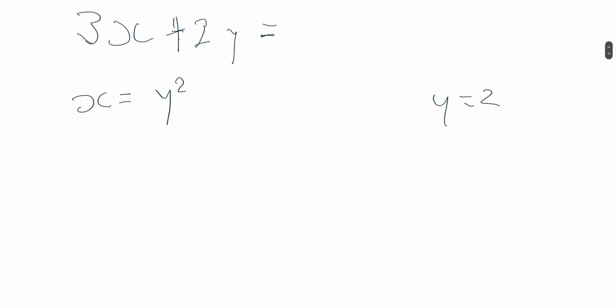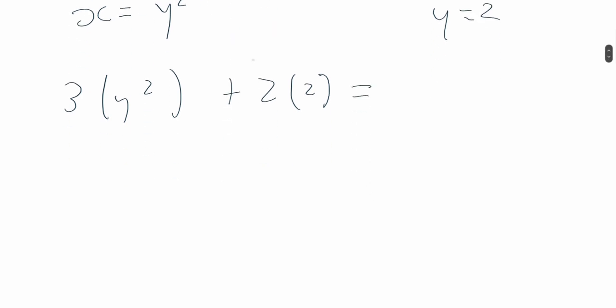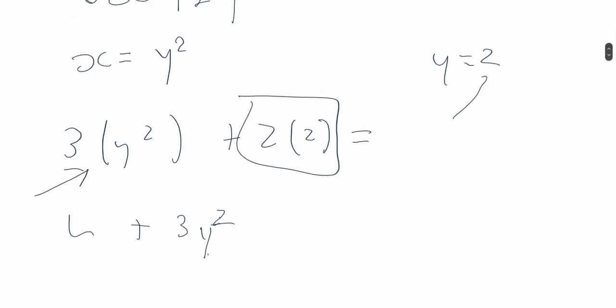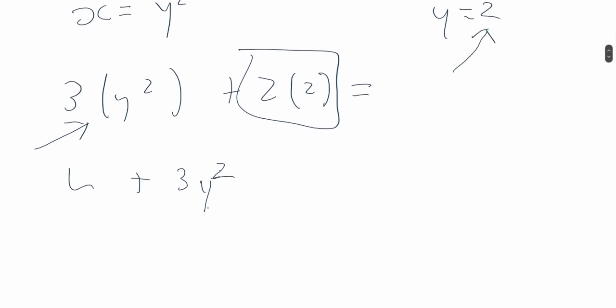So now we plug in 3y squared plus 2 by 2. Then we need to know what this equals. So 2 times 2 here, this is going to equal 4. And then 3 times y squared is 3y squared. And then y equals 2, so 2 squared.